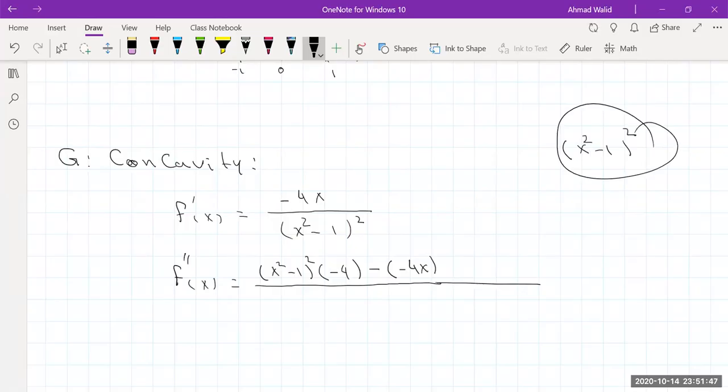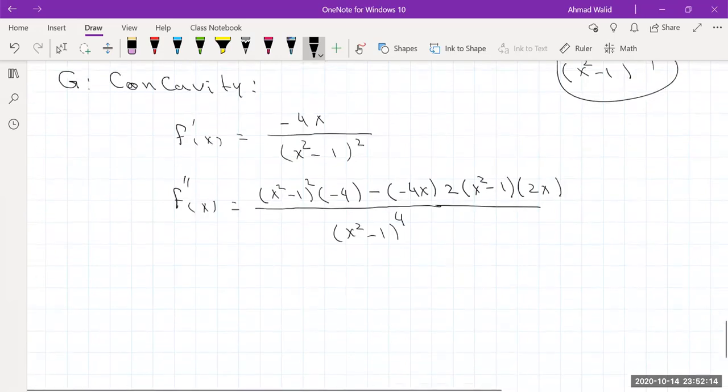The derivative of outside, which is 2, times the derivative of inside, which is 2x, all over the denominator squared. It means x squared minus 1 to the power of 2 to the power of 2, which gives you to the power of 4.